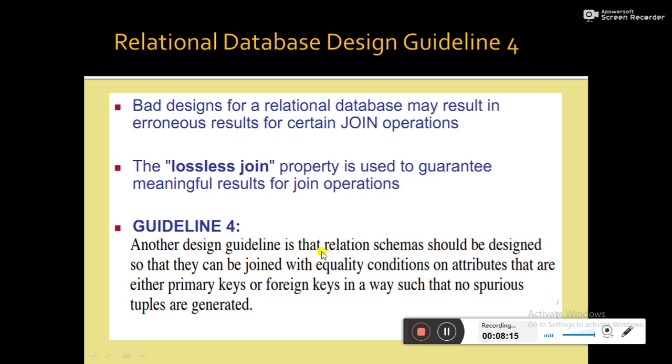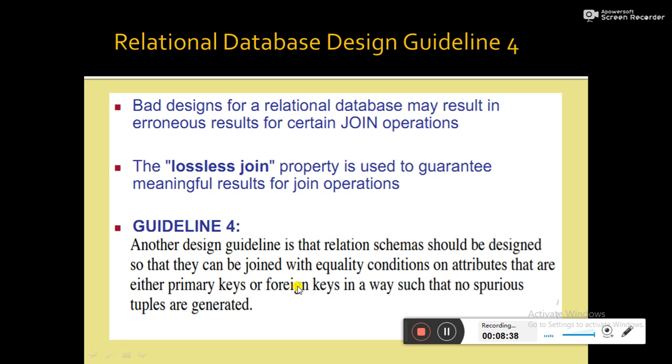It states that a relational schema should be designed so that relations can be joined with equality condition on attributes that are either primary key or foreign key, in a way such that no spurious tuples are generated. So what does it mean?